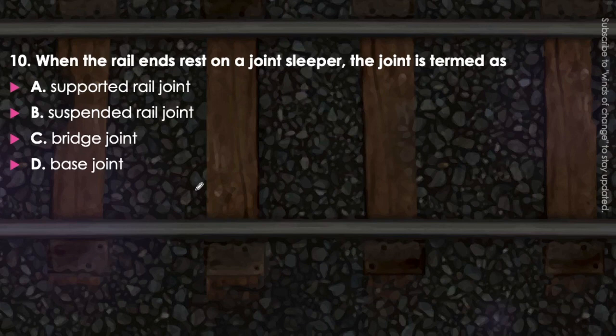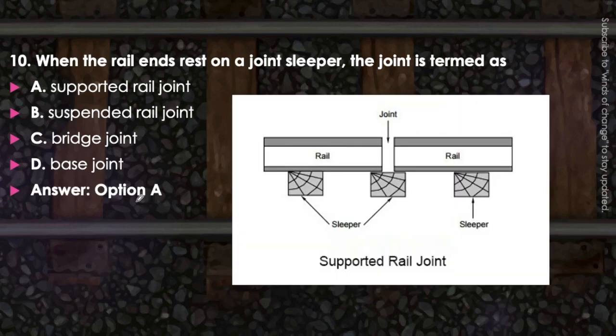It will be a case of supported rail joint, that is option A. This is the condition in which the sleeper is placed below the joint. So when rail ends rest on a joint sleeper, the joint is termed a supported rail joint. If it is not placed on the sleeper and is hanging, it is called a suspended rail joint.